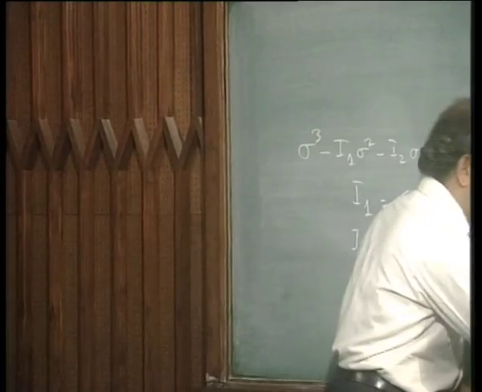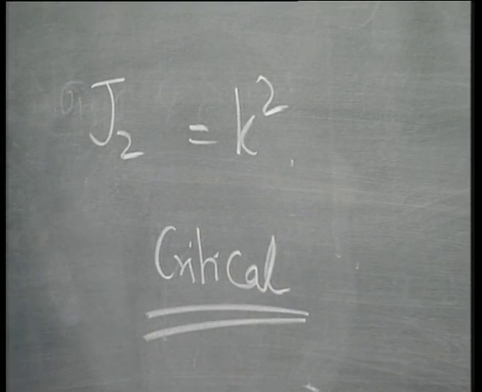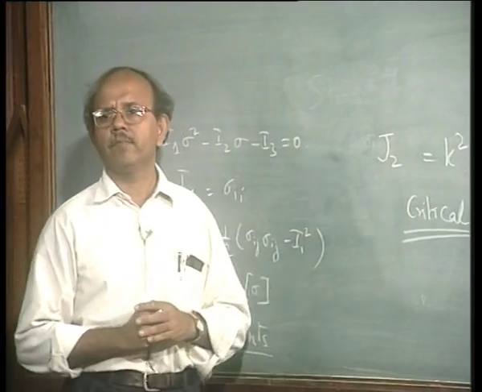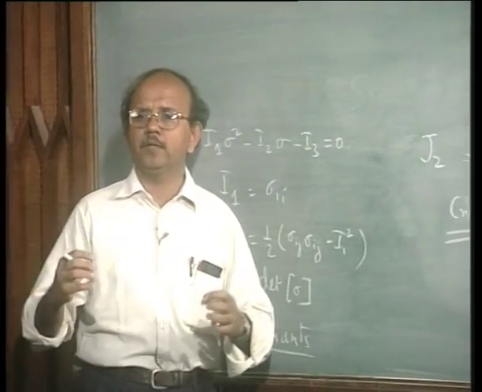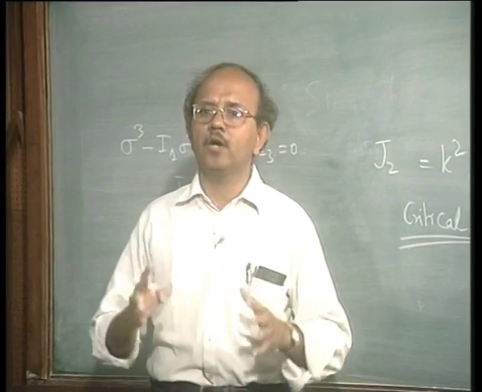What is this critical value? People talk all the time about a critical value. This can also be looked at as a criterion, or people also call this a criteria function. What is in my hands? I can take a specimen and load it and look at yielding.